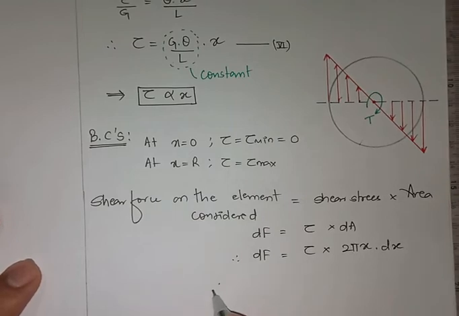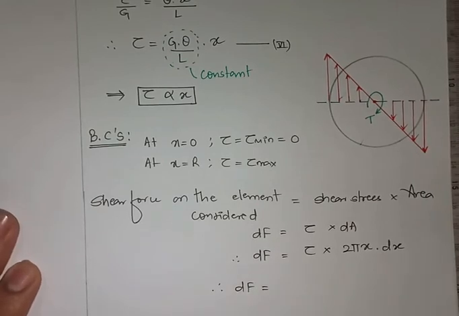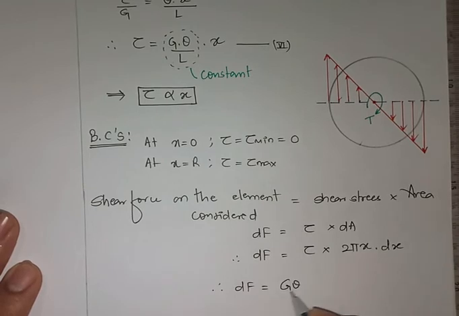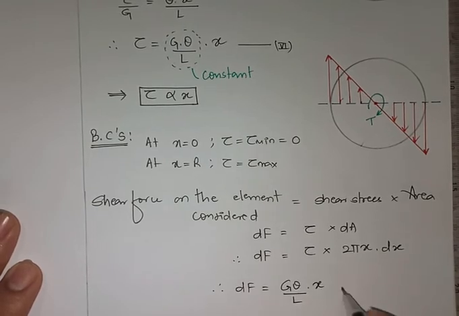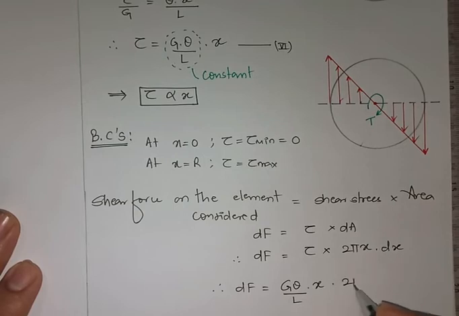Therefore dF is equal to, so what is the value of tau? The tau value is G theta by L into x, from equation number 6. So dF is G theta by L into x into 2 pi x into dx.